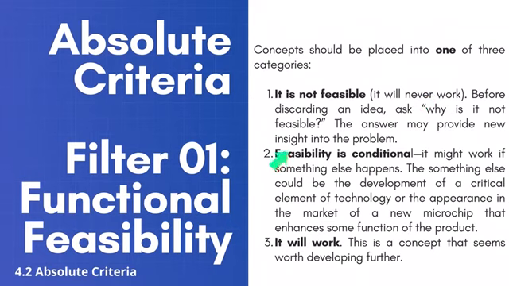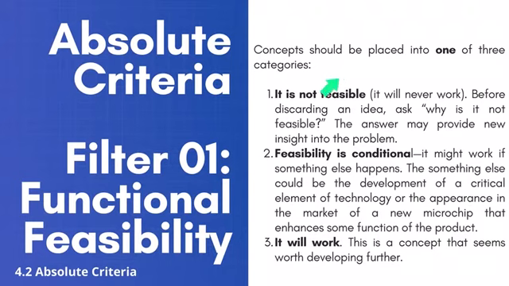Second is the feasibility is conditional, which means it might work if something else happens, such as the development of a critical element of technology, or the appearance in the market of a new microchip that enhances some function of the product. The last category is the concept will work. This is a concept that seems worth being developed further.